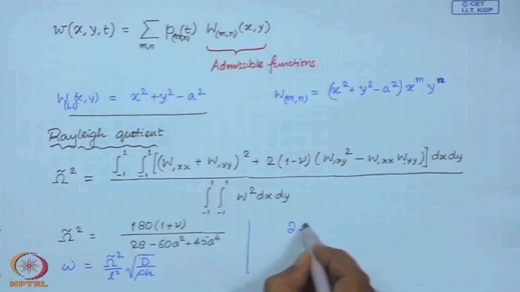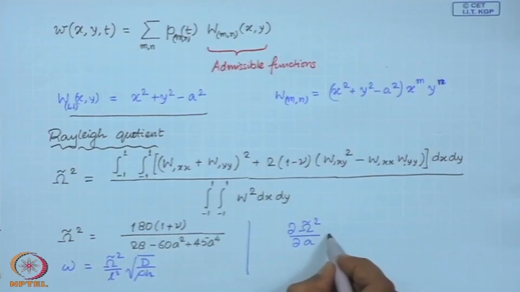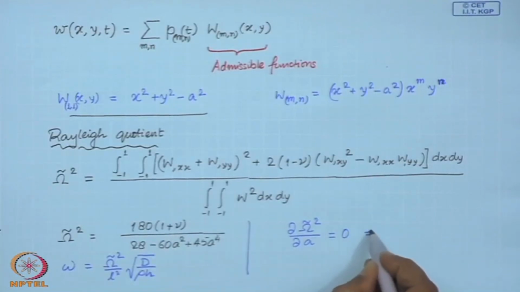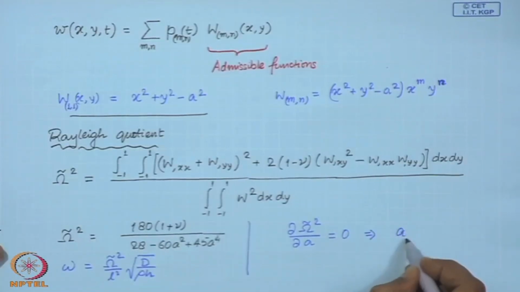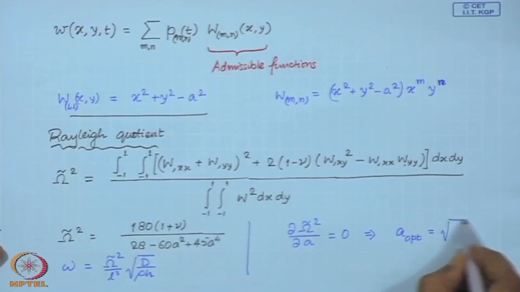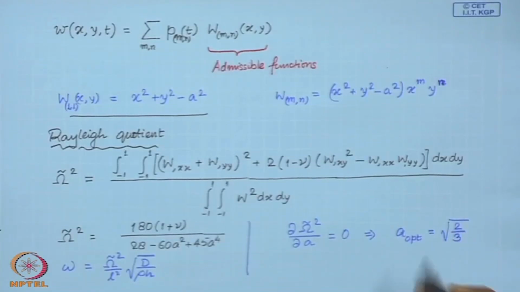So, to do that, you can make this stationary with respect to A, and that gives a value of optimal radius as square root of 2 over 3, and corresponding to this the optimal, the max.